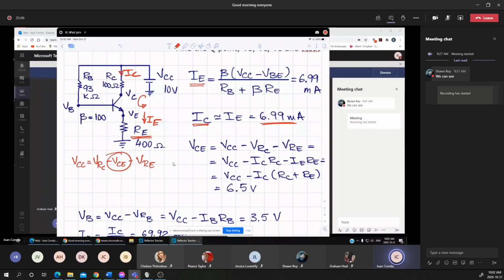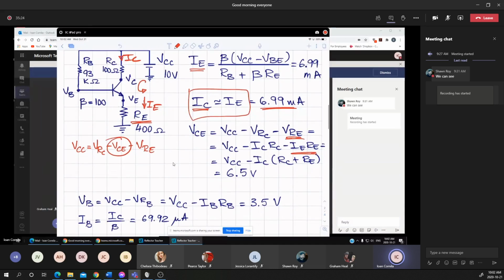Now I'm trying to define the voltage VRC, which is ICRC, and the VRE, which is IERE. But we know that the two currents are the same, which means I can simplify this equation as VCC minus IC multiplied by the sum of the two resistances, RC and RE.